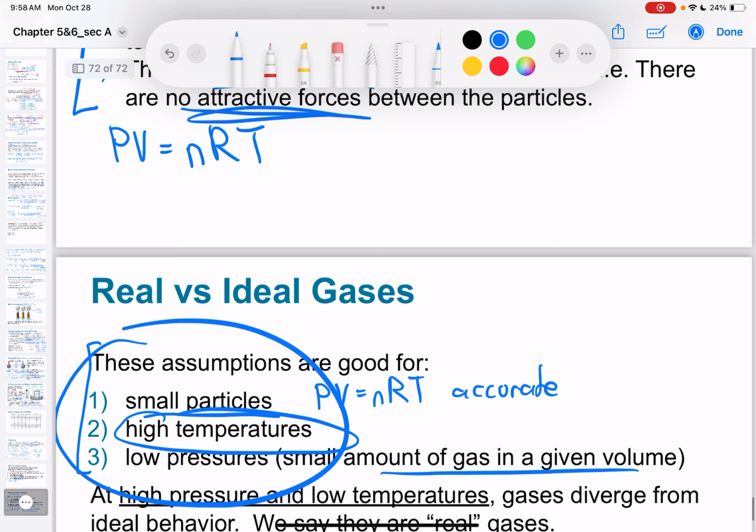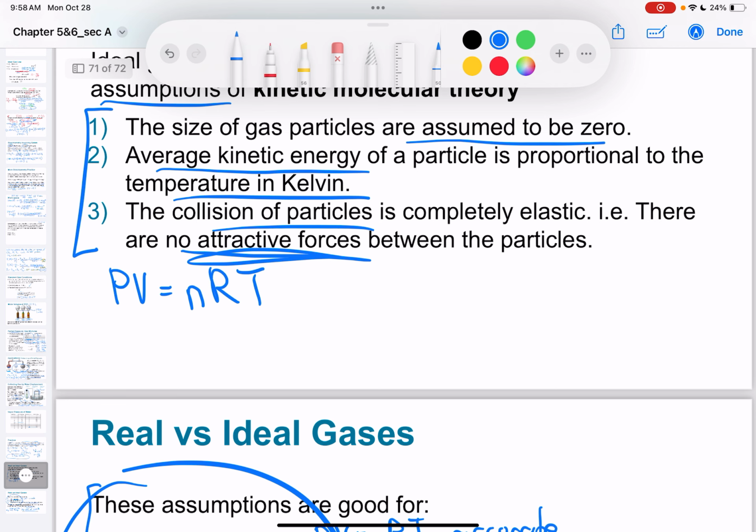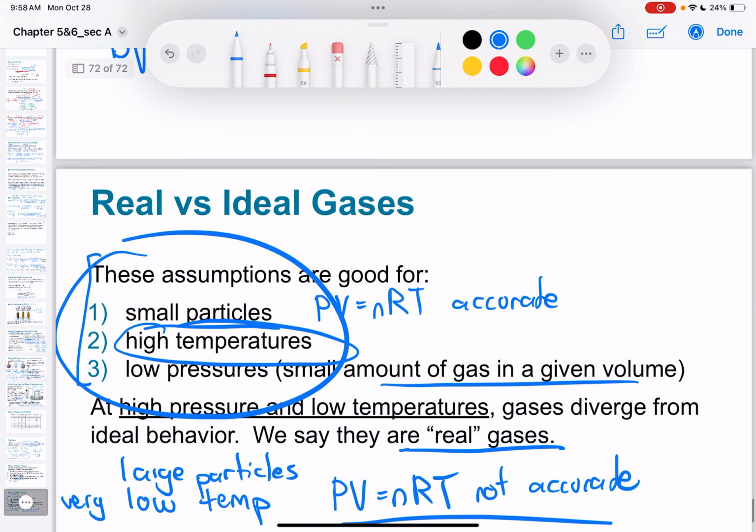Okay, so these are our 3 assumptions that we make to be allowed to use PV equals nRT. These are good when the particles are small, when they're at high temperatures, and when they're at relatively low pressures.